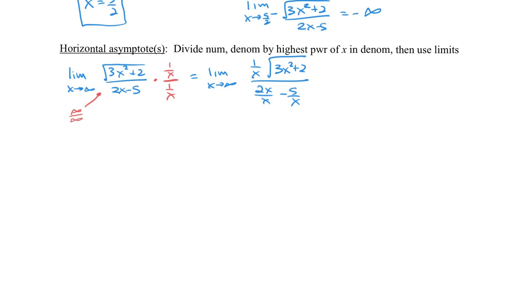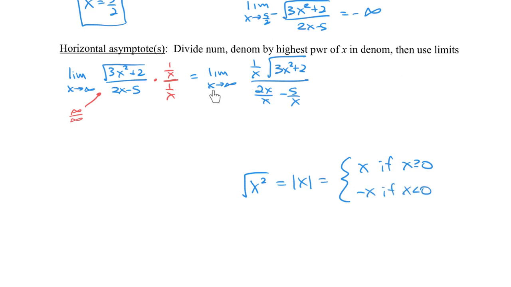Here's where what we talked about earlier with the square root of x squared is going to come into play. Over here, x is approaching positive values. x is approaching infinity, but always through positive values. So if you think about what we wrote before, we had the square root of x squared equals the absolute value of x, which is equal to x if x is greater than or equal to 0, and negative x if x is less than 0.